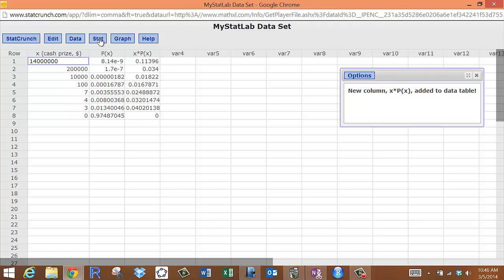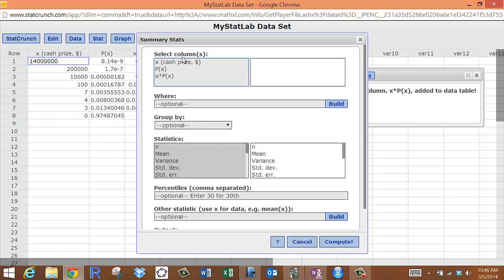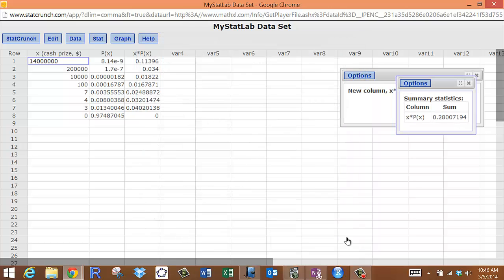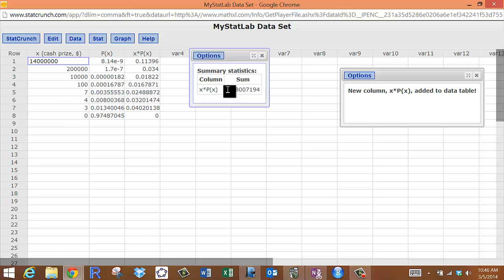So we'll go to Stat, Summary Stats, Columns, and we want the sum of x times p of x. Okay, so we see that the expected value is 28 cents.